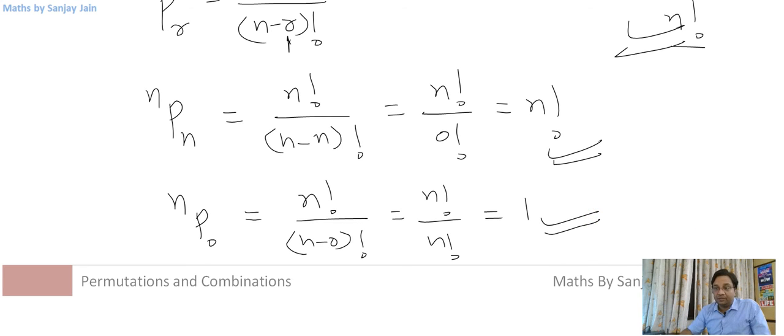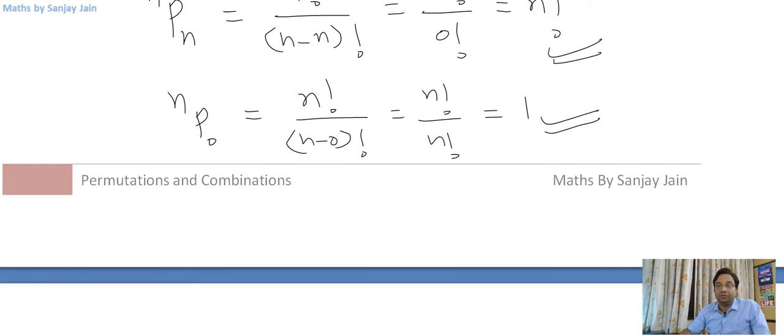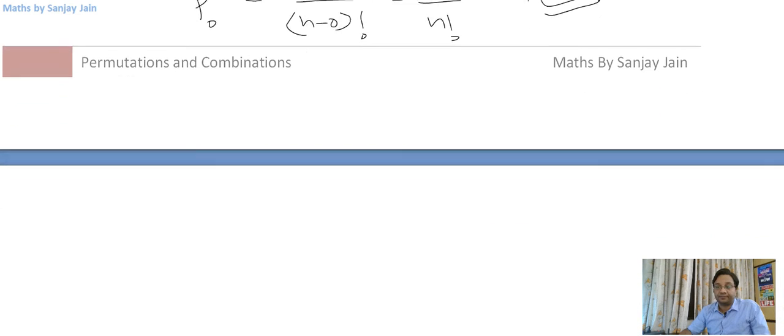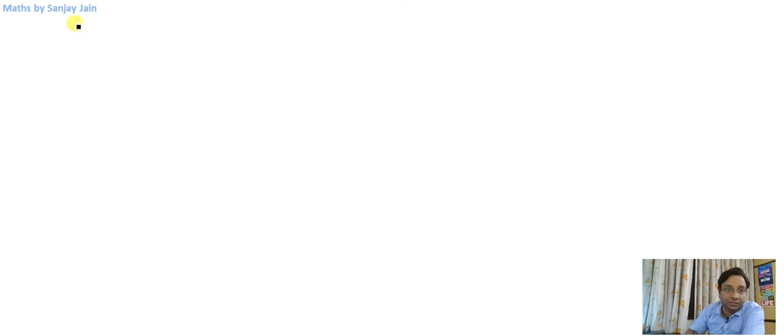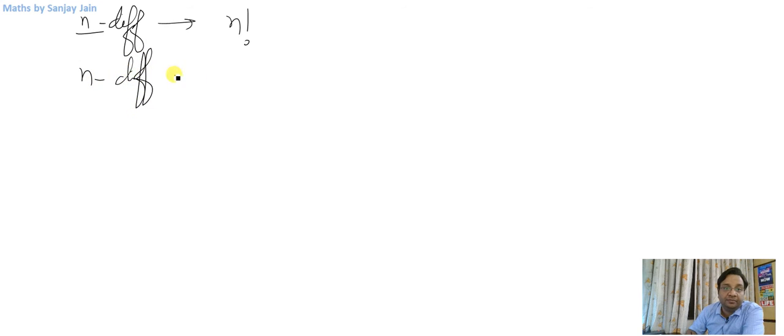Okay, so this nP0 is going to be equal to 1. So we have done two things, that n different objects taken all at a time, arranged in a row in n factorial ways. n different objects taken r at a time, arranged in a row without repetition, nPr, that is n factorial by n minus r factorial.